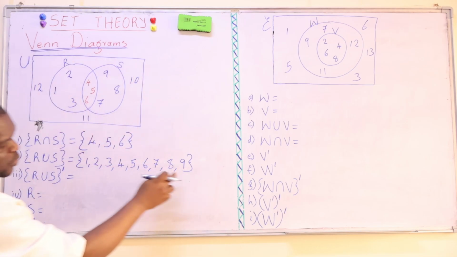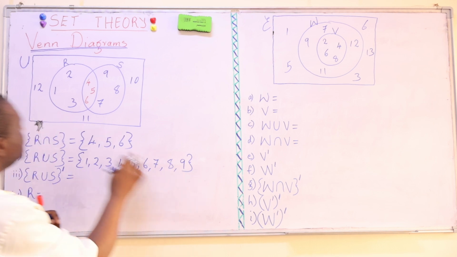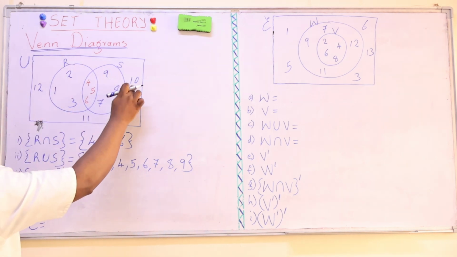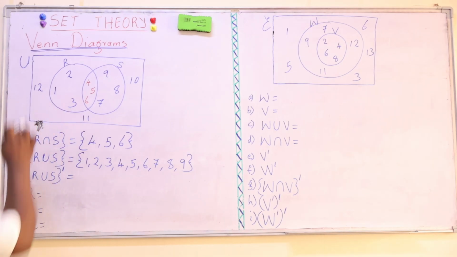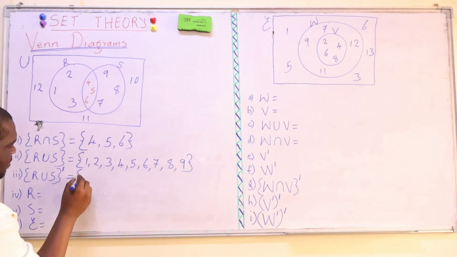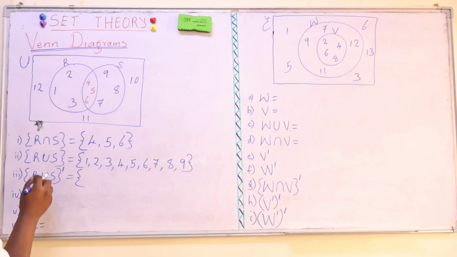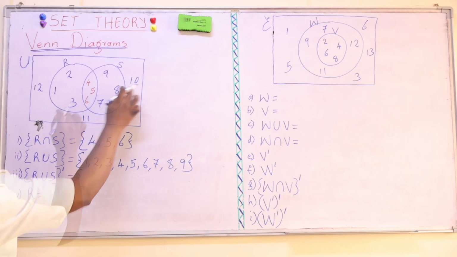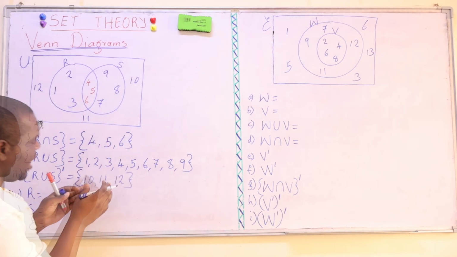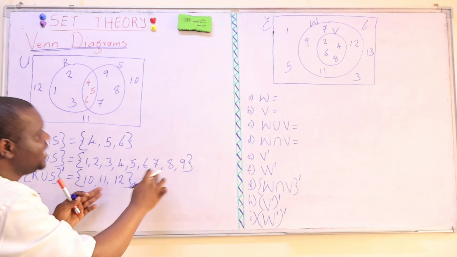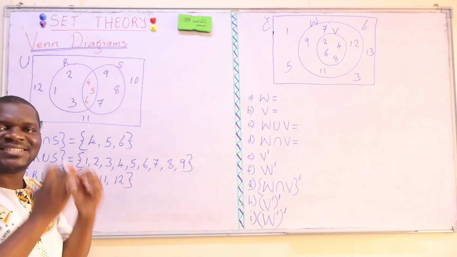So from 1 up to 9, no number is missing, but in the universal set we have 10, we have 11, and we have 12. Therefore, the complement of the set R union S will be 10, 11, and 12. If you add these elements to this set, it will give you the universal set.